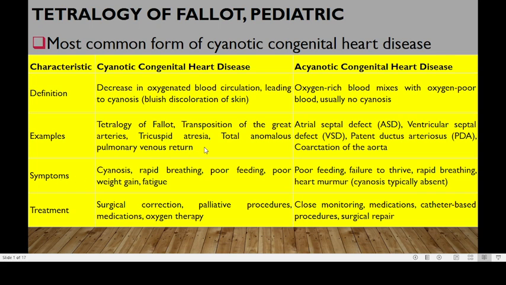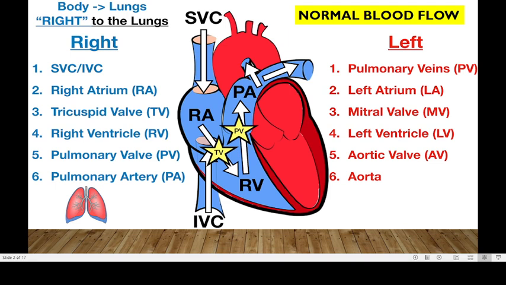On the other hand, we have conditions like atrial septal defect, ventricular septal defect, patent ductus arteriosus, and coarctation of the aorta, where oxygen-rich blood mixes with oxygen-poor blood, and cyanosis is not apparent. That's how those two groups of conditions normally differ.